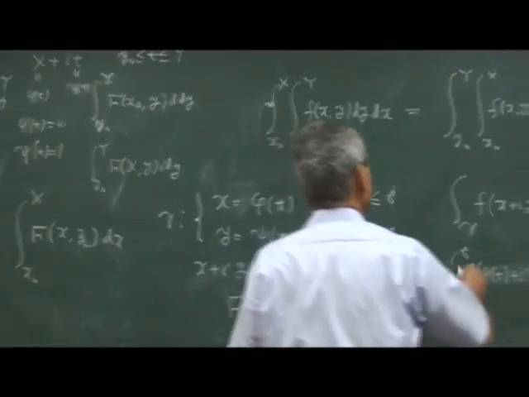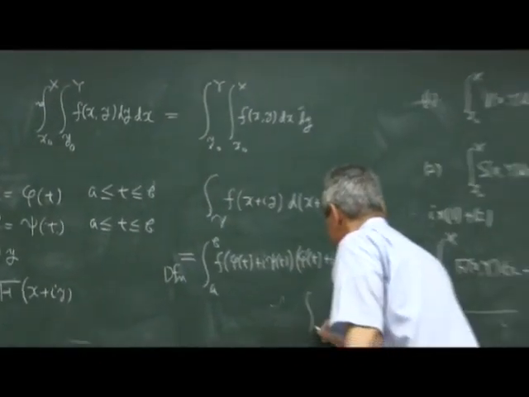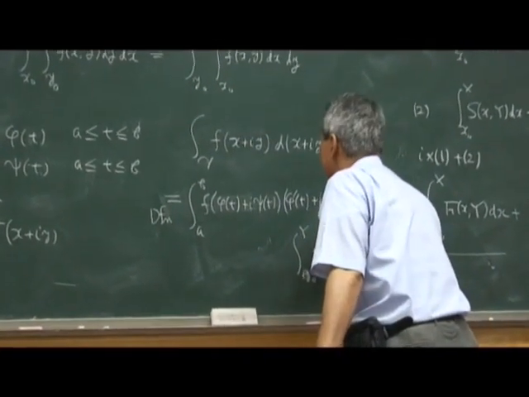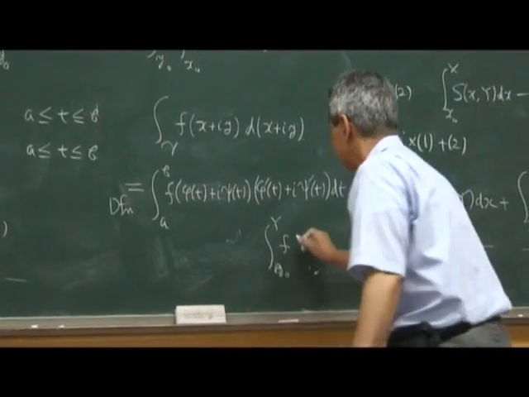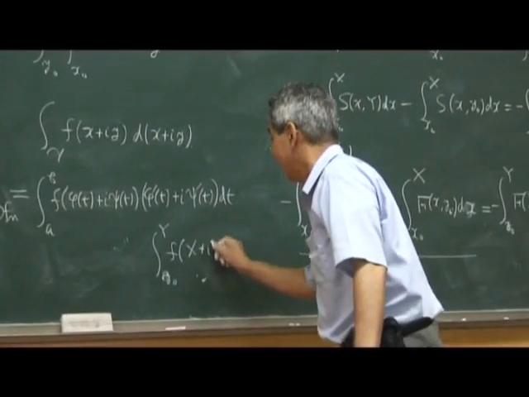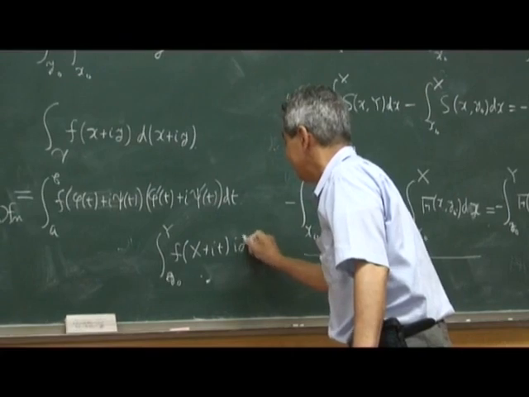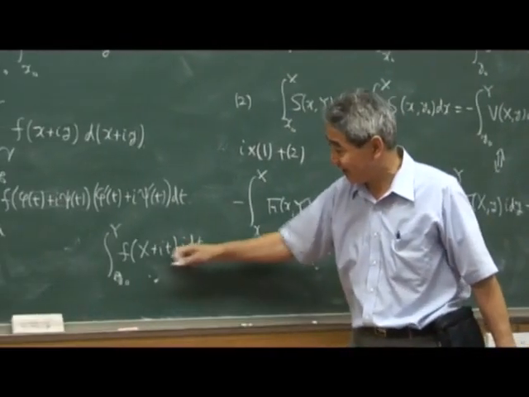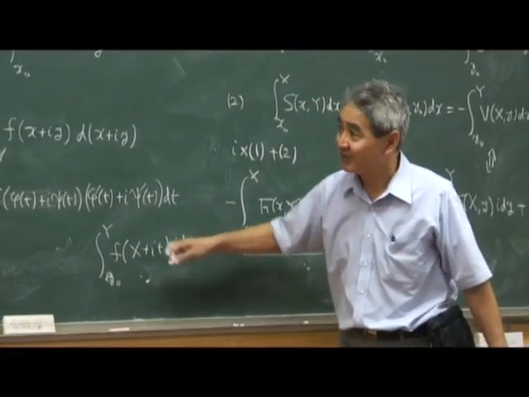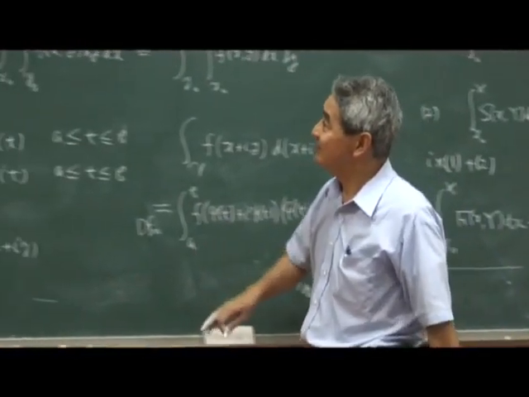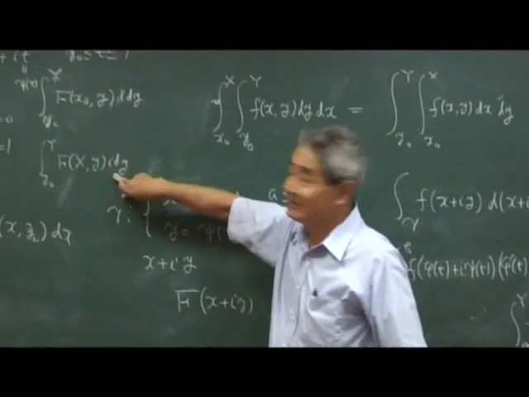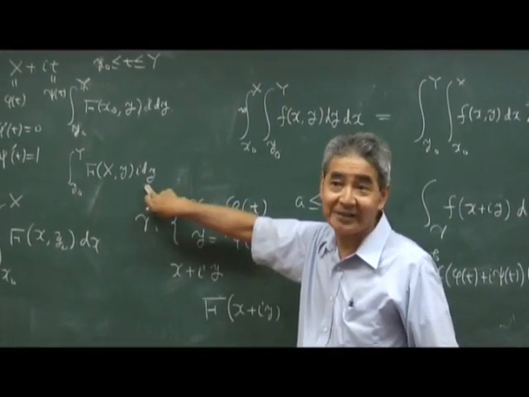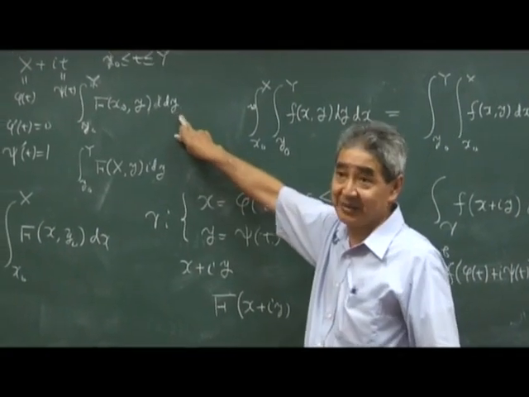So actually what you get is the integral from y0 to y of f(x plus it) i dt. And if you write t as y, precisely that's the integral here. It's okay? Okay. And also similarly you can find it.